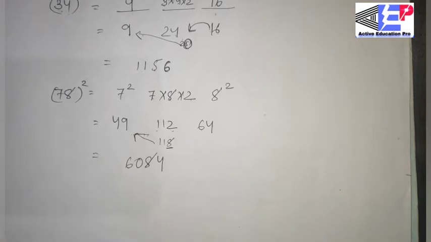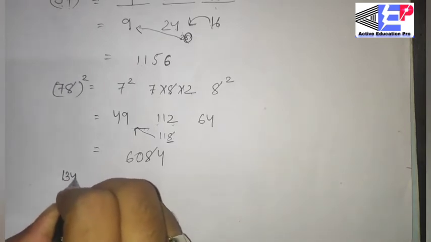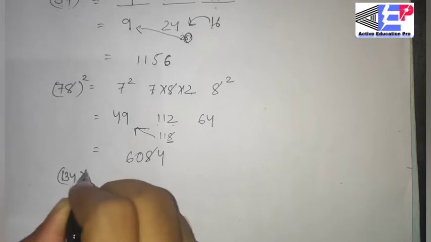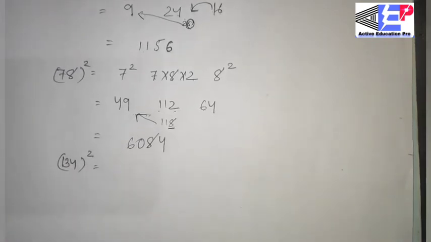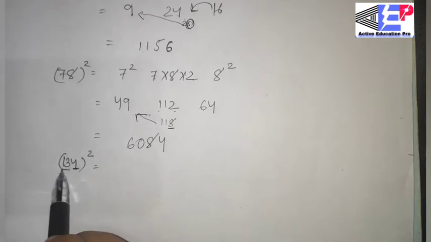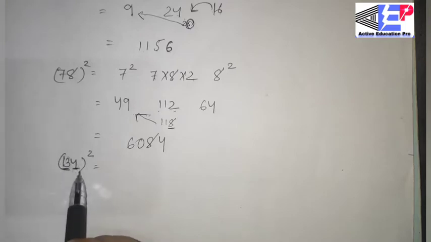Now let's take a 3-digit number. Suppose we take 134, the square of 134. When you take a 3-digit number, the right part, the unit position, is taken as B, and the remaining part is taken as A. Here A is 13 and 4 is the B part.